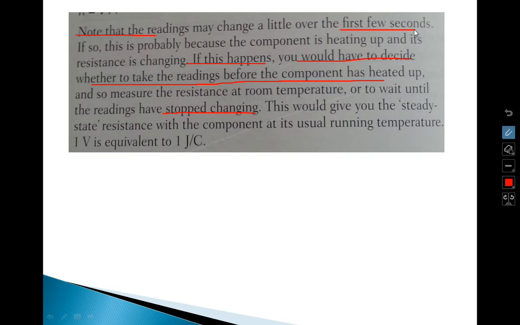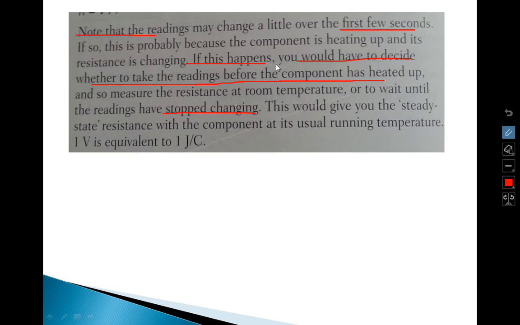For example, if we measure voltage and the voltage is 10, it keeps changing between 10, 10.5, 10.6, for example 9.5. It keeps changing until it stops changing. Why? Because of heating up, and its resistance is changing.